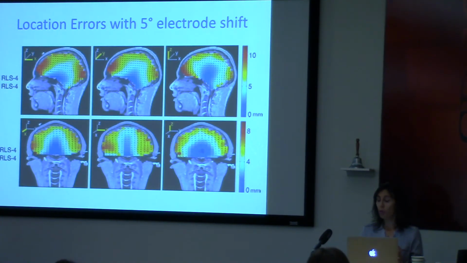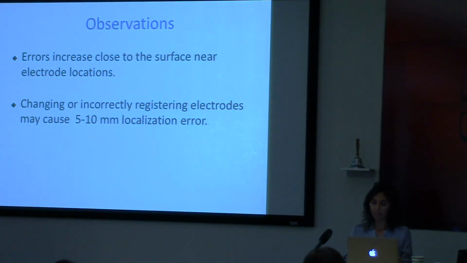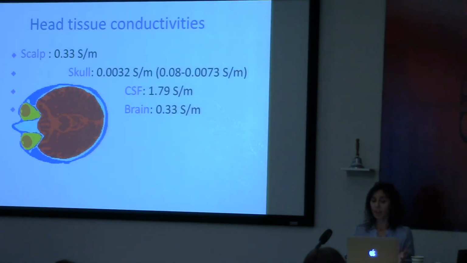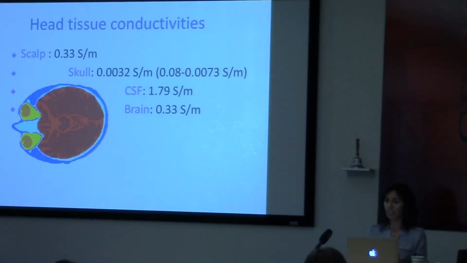But these are closer to the cortical surface, so it actually has a really affecting error on the source localization. And what about head tissue conductivities?